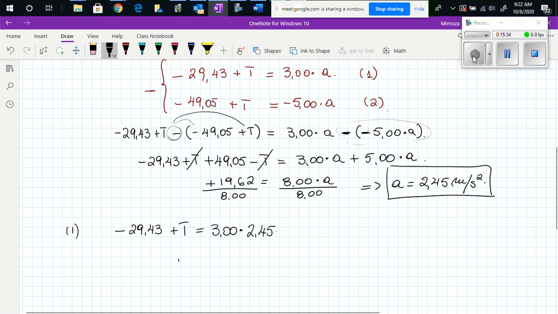So from here, T will be 3.0 times 2.45 plus 29.43, and it is 36.78.